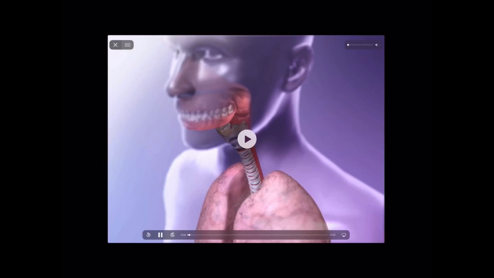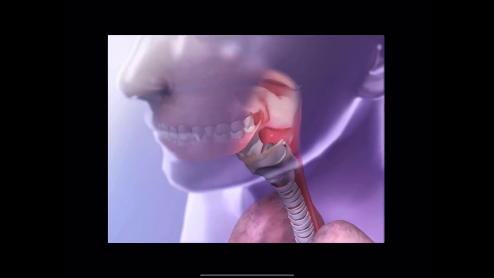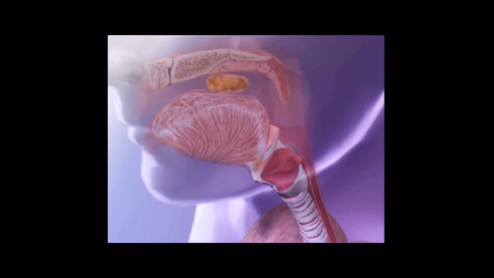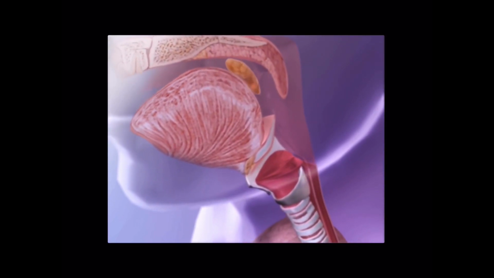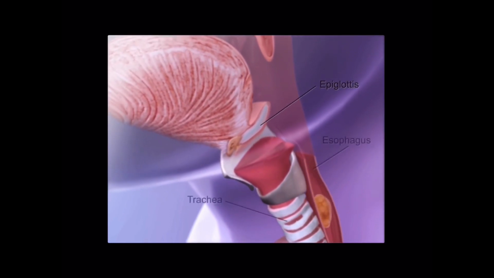Now, once the food is swallowed, that process of swallowing is also important because it separates two passageways. It separates the trachea and the esophagus, and this is important because, as you see here, once the food is being swallowed, the epiglottis separates the trachea from the esophagus.